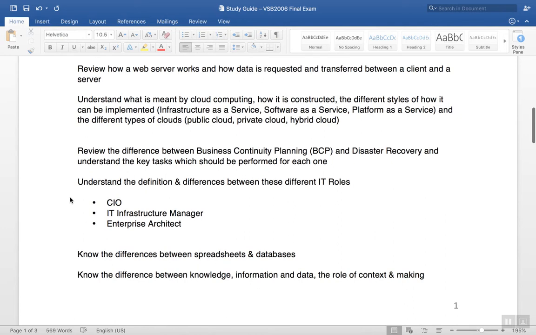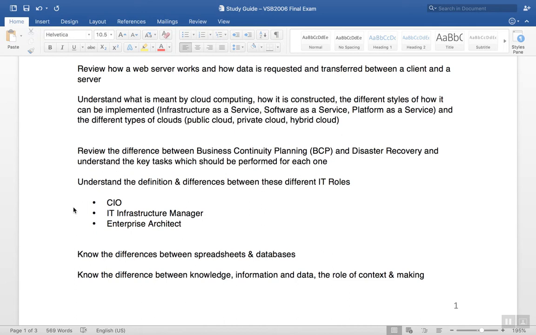Understand some of the differences in some of the roles we talked about over the course of the term. CIO, Chief Information Officer, is the executive in charge of the information technology operations. An IT infrastructure manager would be an individual tasked with the installation and operation of the technology, the fundamental technology bits: hardware, software, networking.